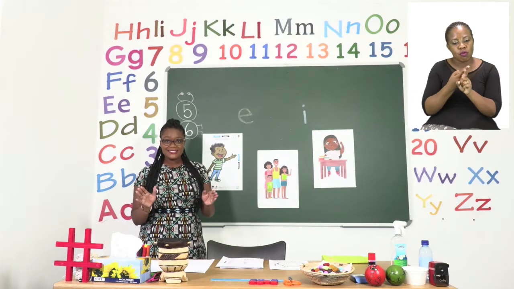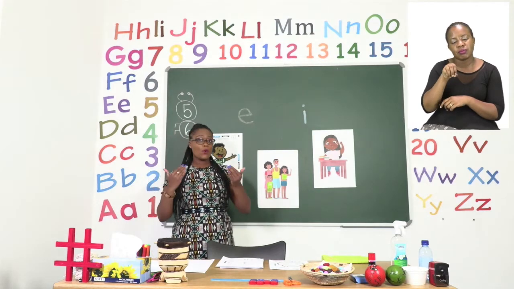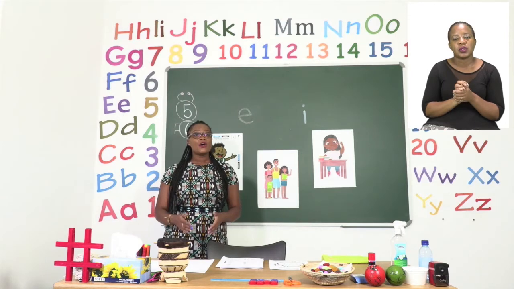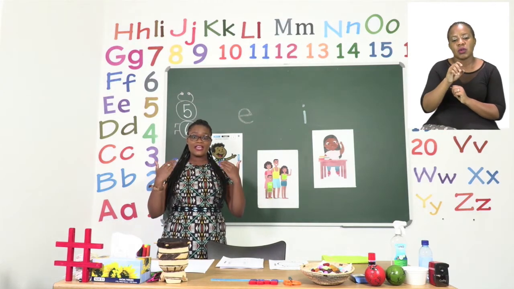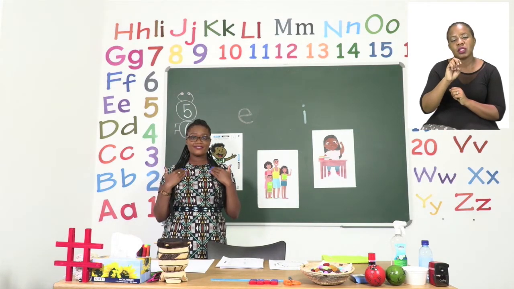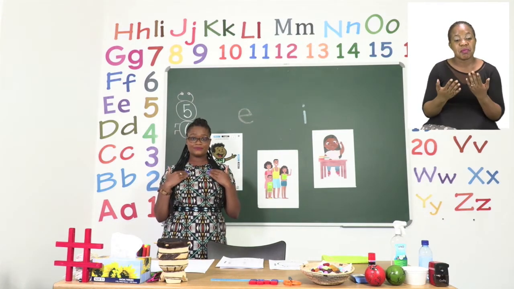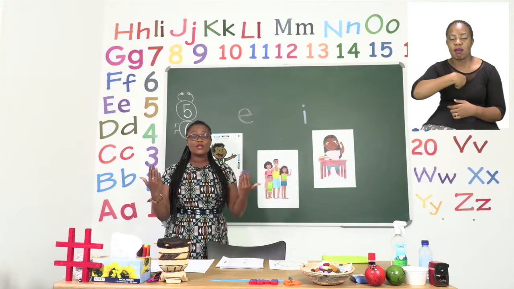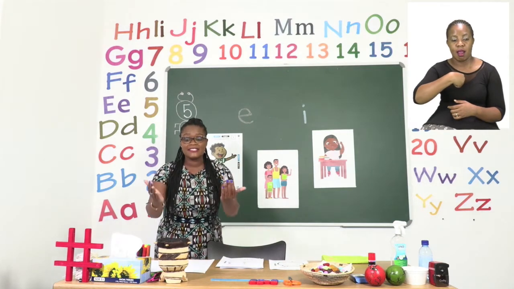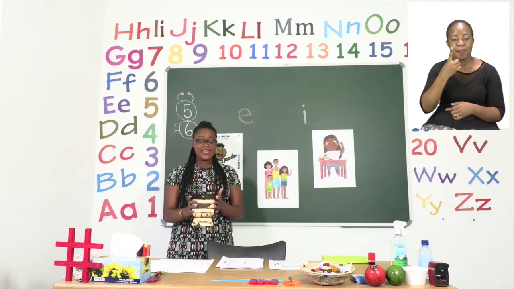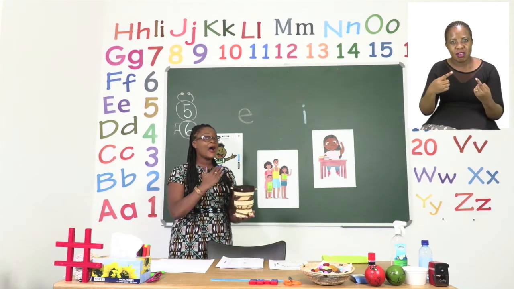Now, when we discussed pronouns, we were pointing at certain places. For the pronoun, if you're pointing to yourself, you say I. But now, if it belongs to you, let's say this drum belongs to you, then you say my.